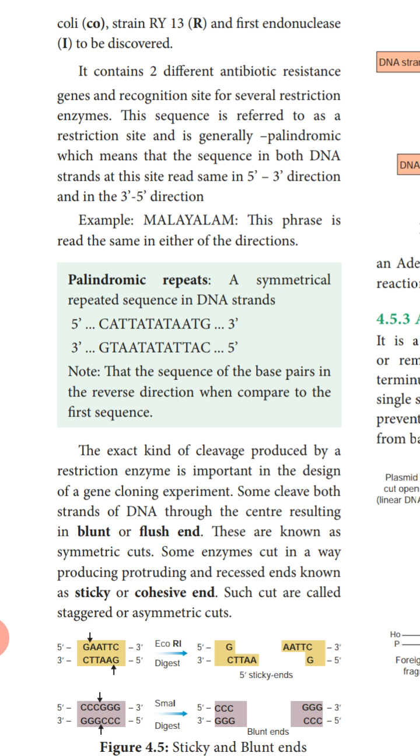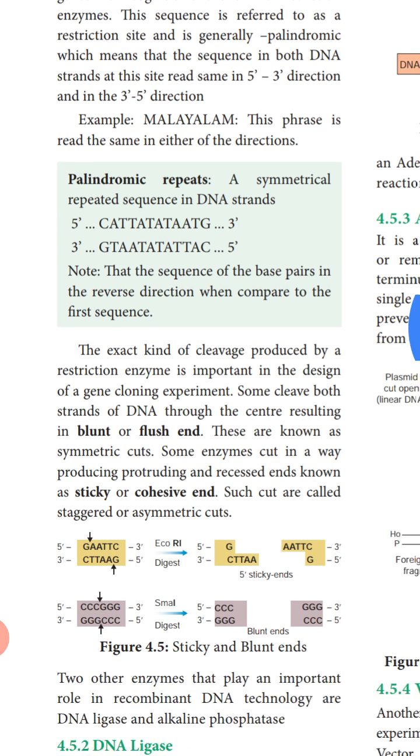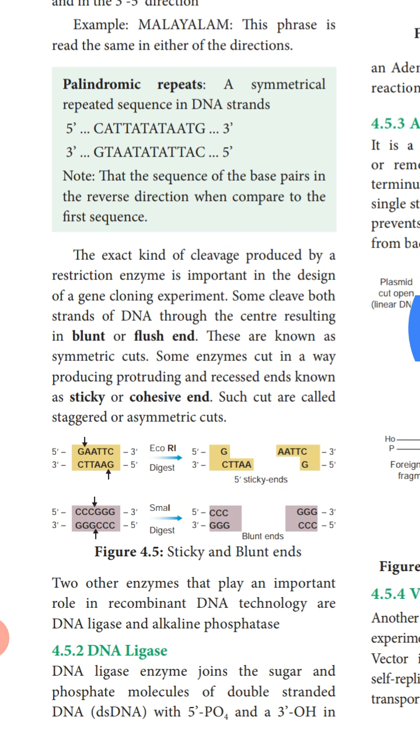So if it is a symmetrical cut, then it will have blunt ends, also called flush ends. For example, you can see here figure 4.5, the first row diagram. You can see the first sequence, in the 5 to 3 direction, GAATTC. When it is treated with EcoRI, what will happen?